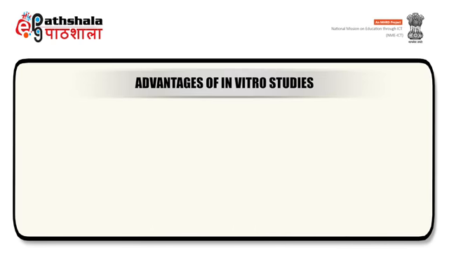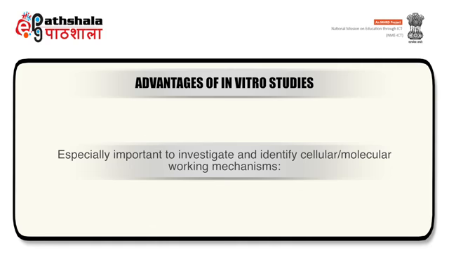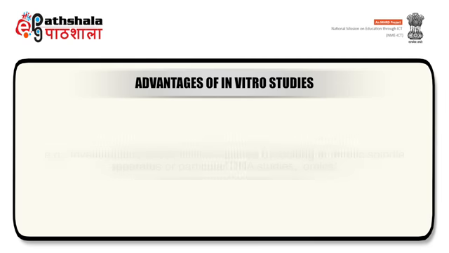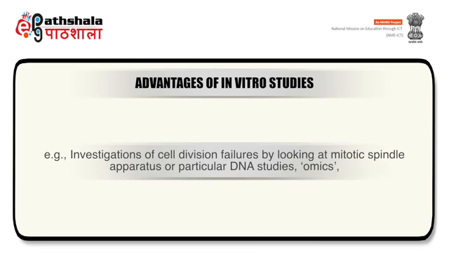Now we are talking about the advantages of in vitro studies. They are especially important to investigate and identify cellular or molecular working mechanisms. Point 1, you know exactly what you are doing. Point 2, your work can be very specific and detailed. Example, investigation of cell division failure by looking at the mitotic spindle apparatus, or particular DNA studies that are known as omics.